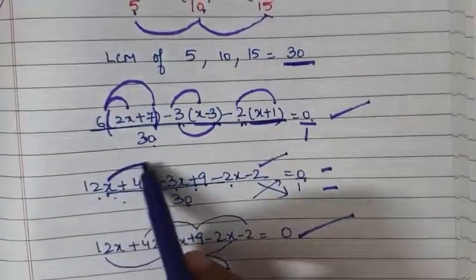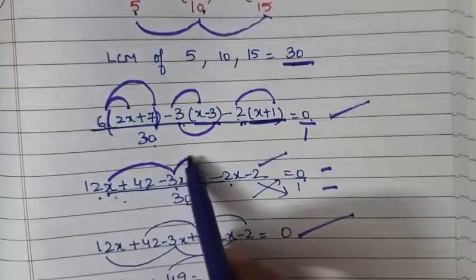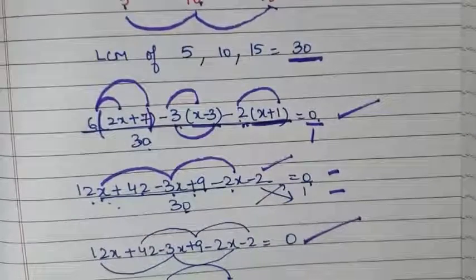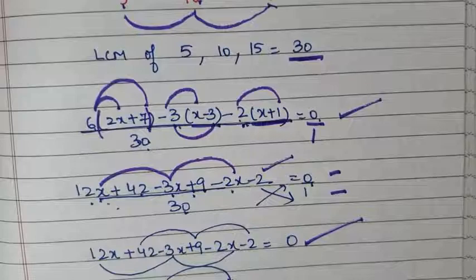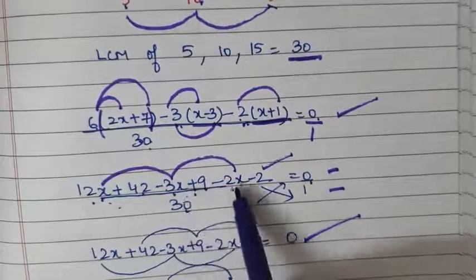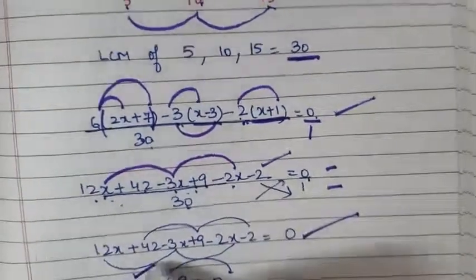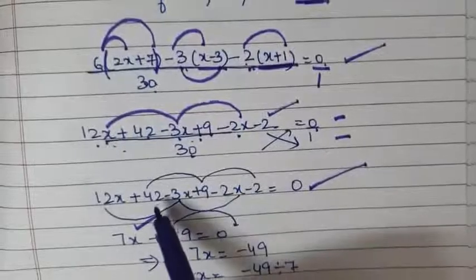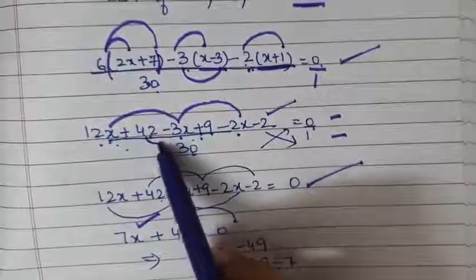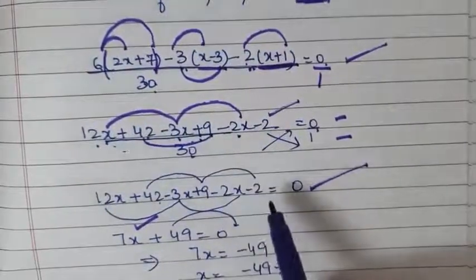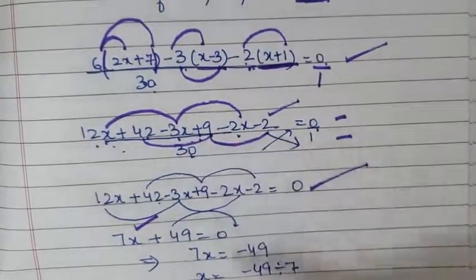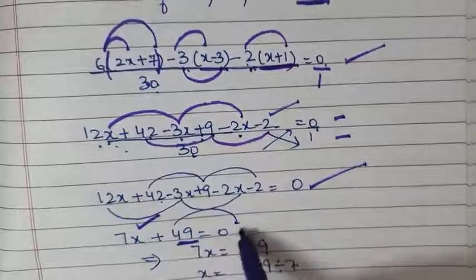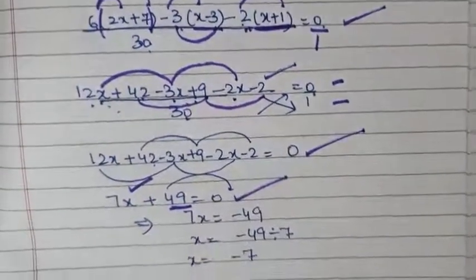12x minus 3x minus 2x. Now 12x minus 3x is 9x. 9x minus 2x is 7x. Now 42 plus 9, 51. 51 minus 2, 49 is equals to 0.